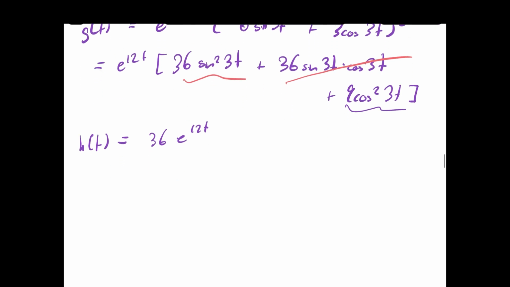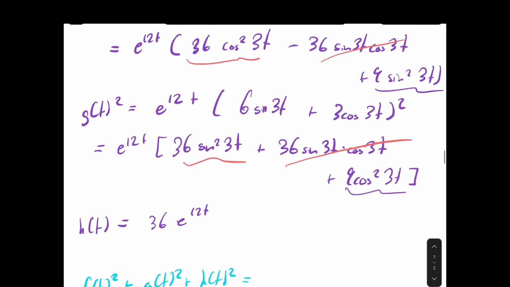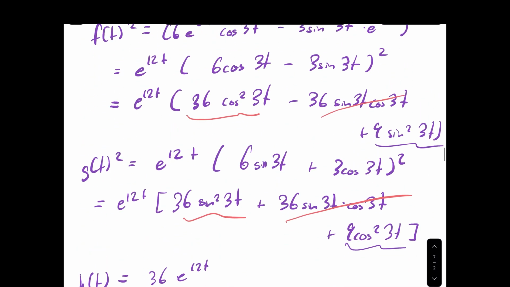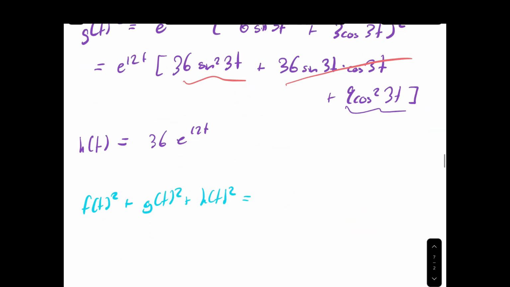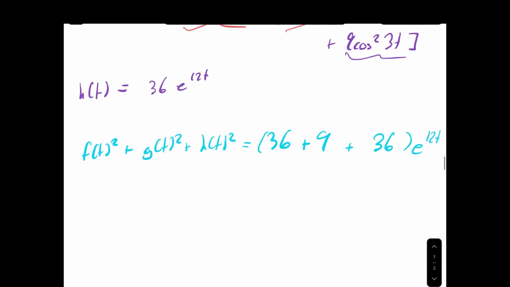And so really, what I'm looking to do here for f at t squared plus g at t squared plus h at t squared, this will just equal 36 plus 9 plus 36. And remember, this e to the 12t is still there. And yeah, that's really about it.